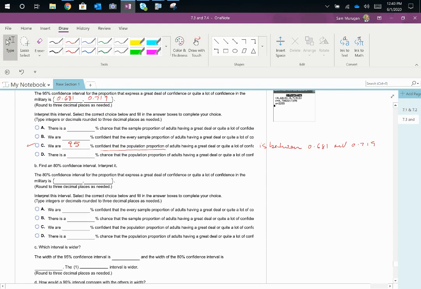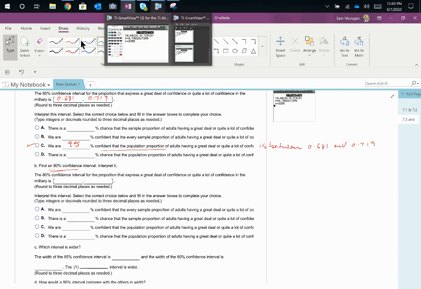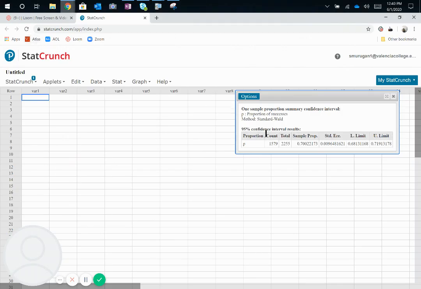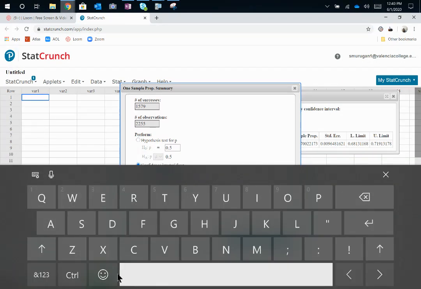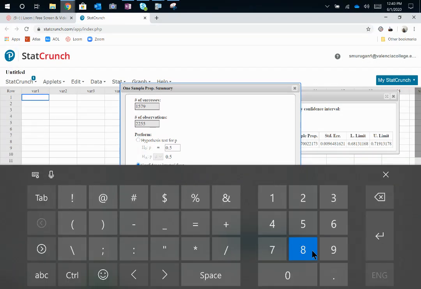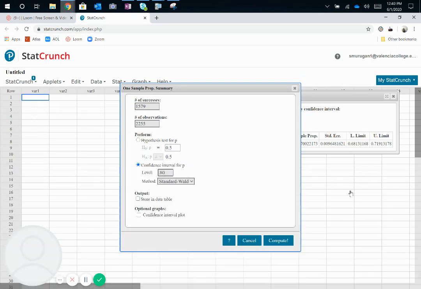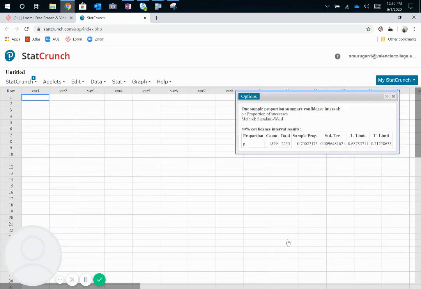Now, if you wanted the confidence at 80%, all you would do is go to that StatCrunch program and edit it and change the level from 0.95 to 0.80. And compute it, and you would get a new confidence interval here.